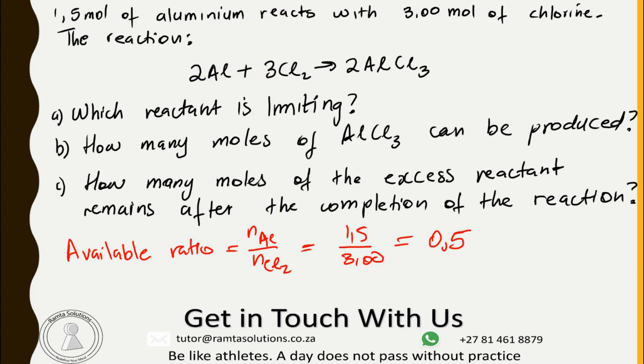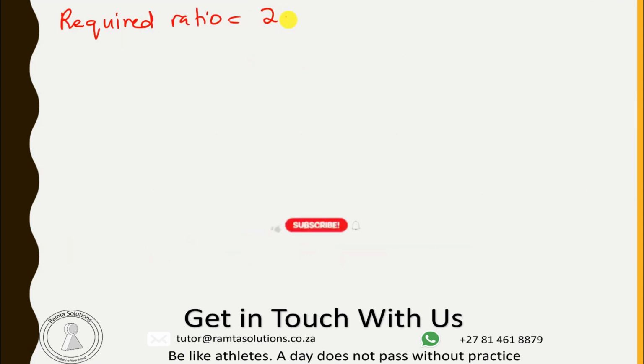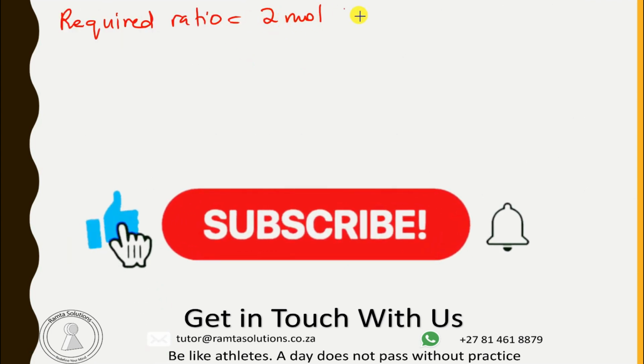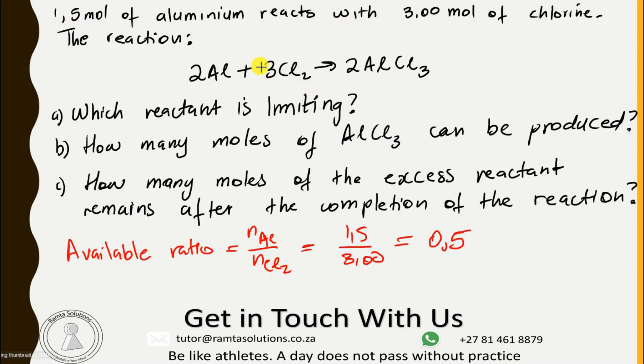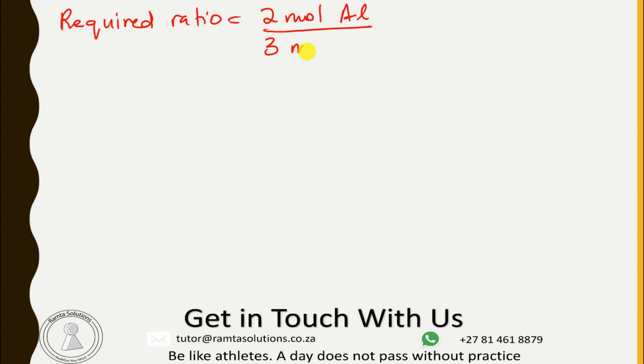We need 2 moles of aluminum. And how many moles are we looking at for chlorine? The coefficient is 3, so it'll be 3 moles of chlorine. So we are getting 2 over 3.